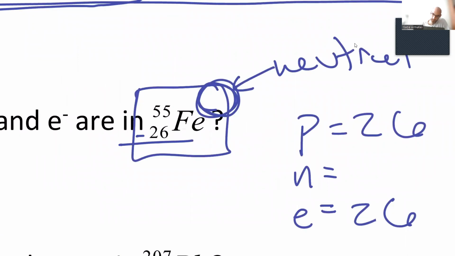55 minus 26. Okay, so how many is that? 30, 29, is that right?